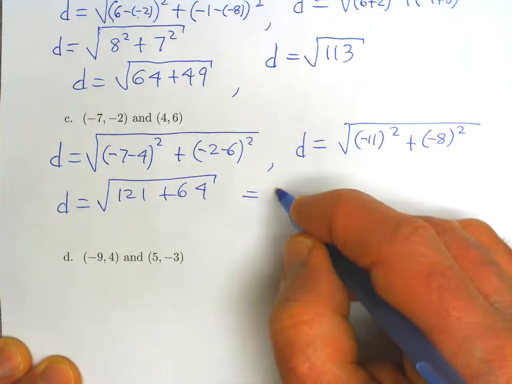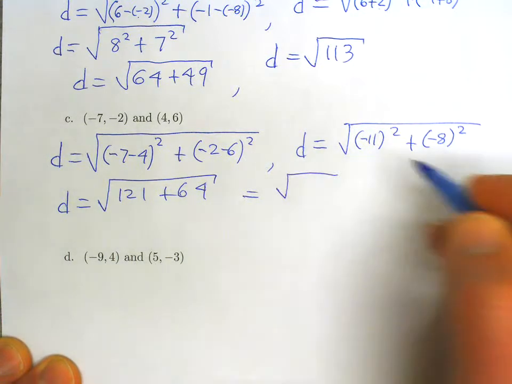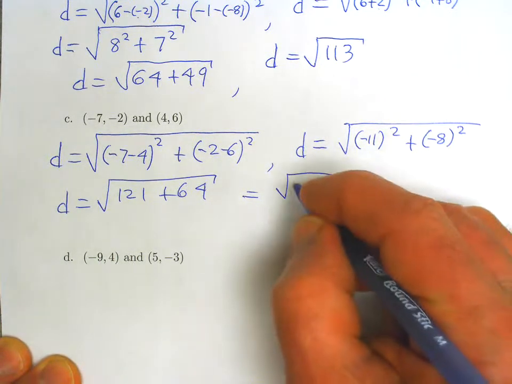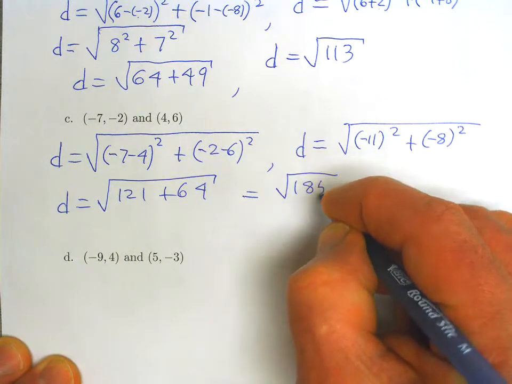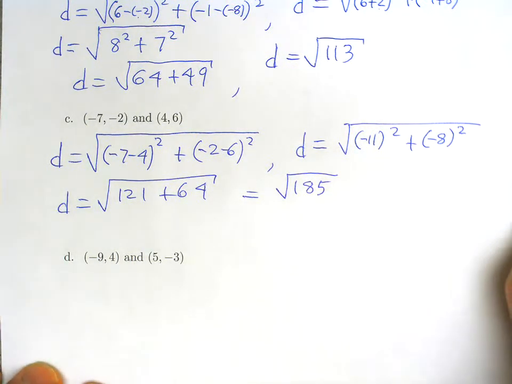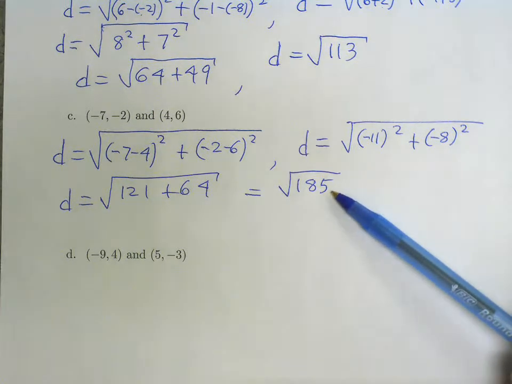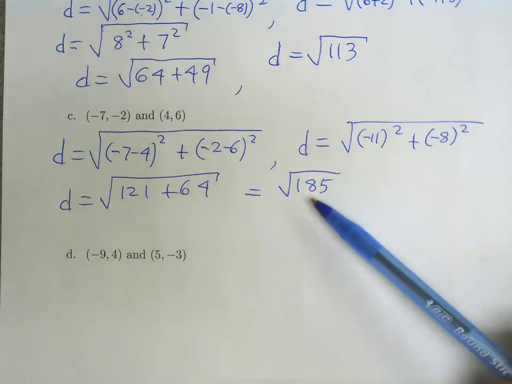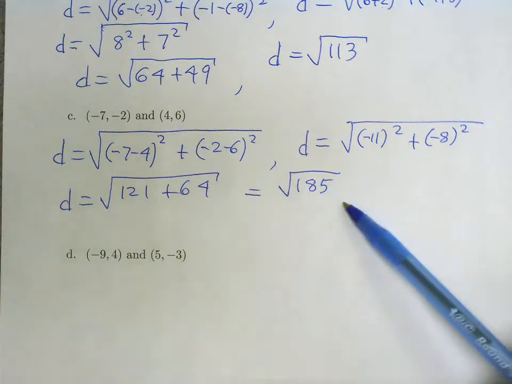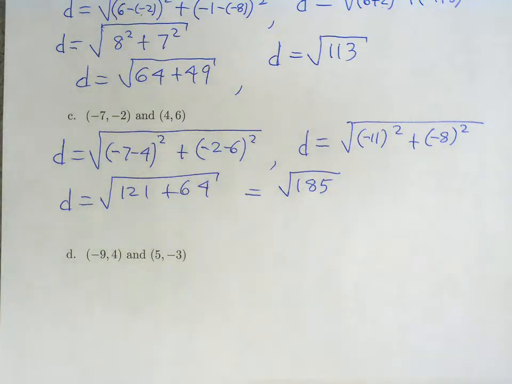And so this simplifies to the square root of 185. So let's see, 5 times 37 is 185. So this square root cannot be simplified any further.